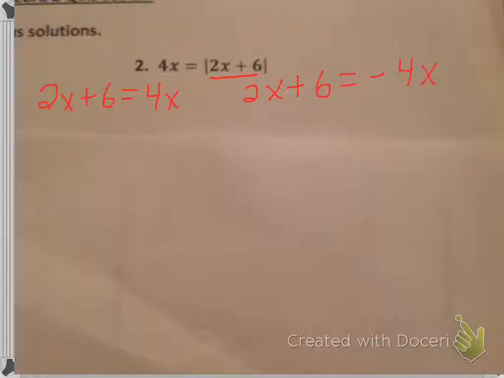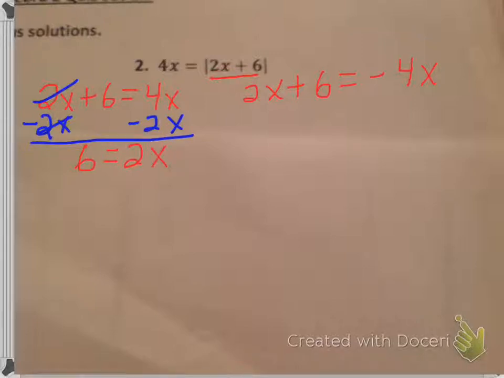Now I'm going to solve it for x, and since I have x's on both sides this time, I've got to get my x's together. So I'm going to go minus 2x and minus 2x. The 2x and the negative 2x cancel. That leaves us with 6 on the left, and 4x minus 2x is 2x on the right.